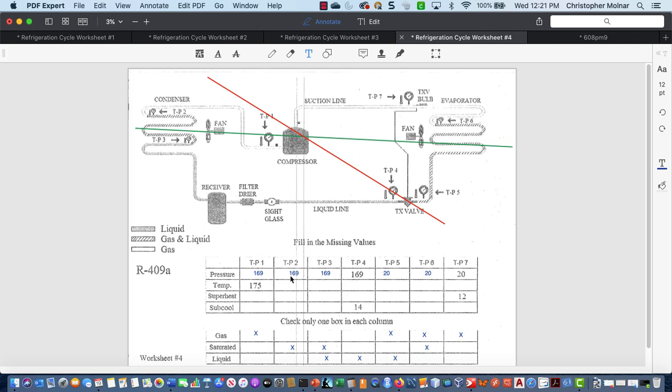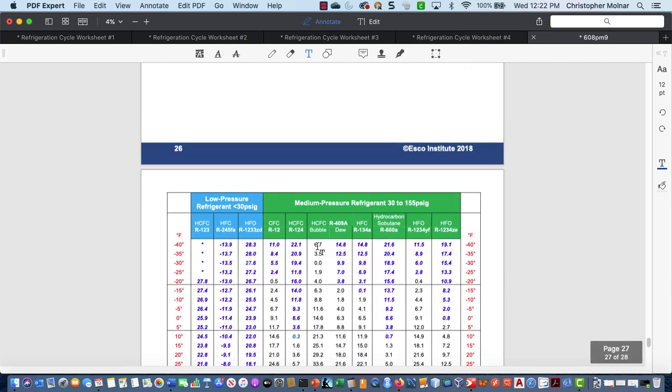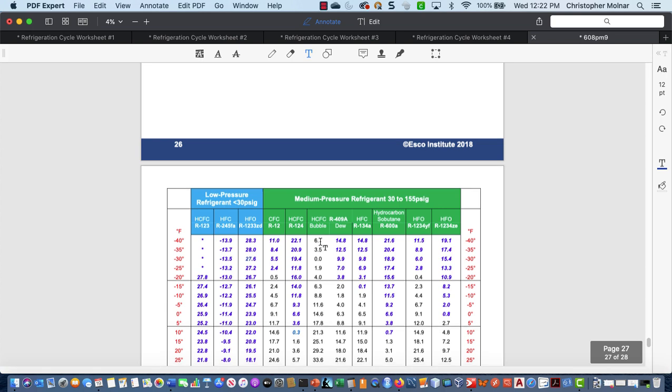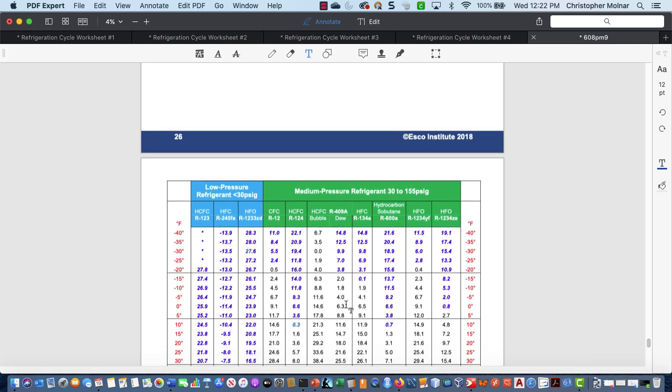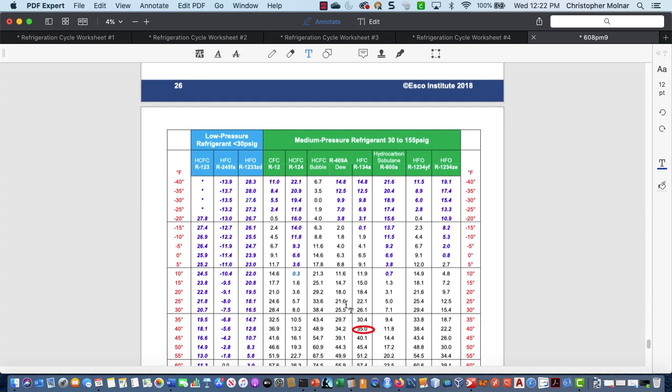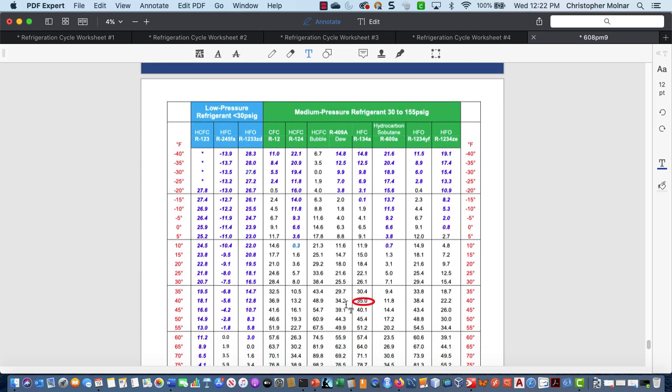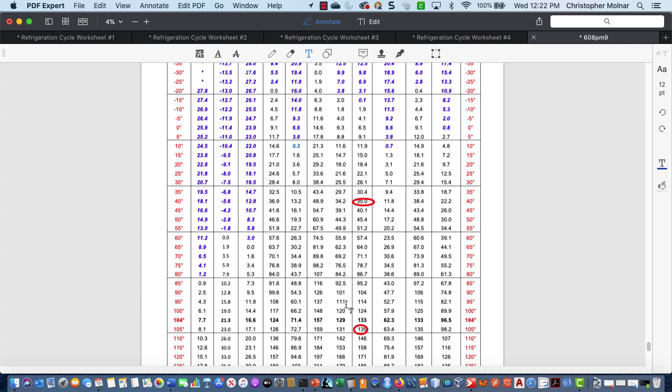So let's come over here where we know we're in the condenser. My pressure is 169. We need to find the temperature based on the 169. So let's come to R409A, which is right there. Now, 409A is one of those weird refrigerants that has a bubble point and a dew point, so it has a temperature glide.